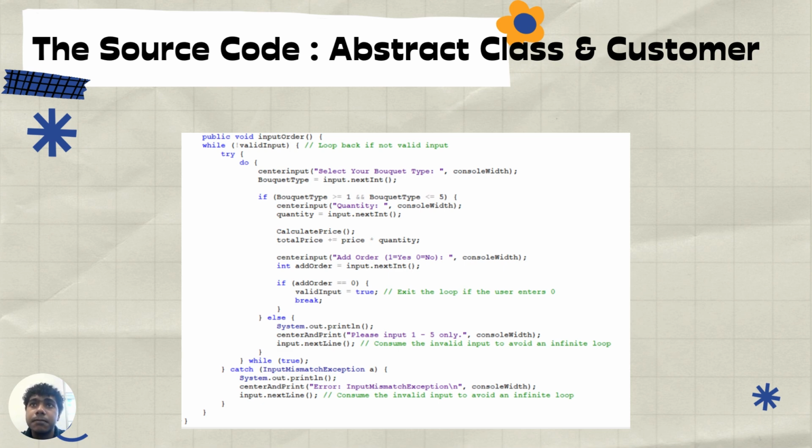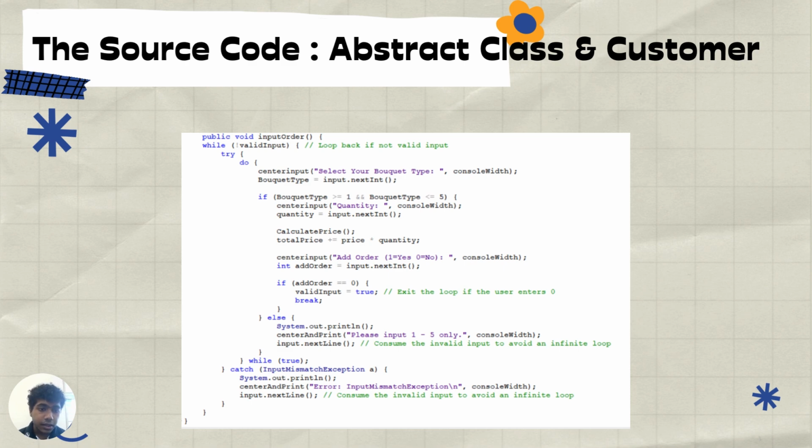In the try block, it will detect errors from the do while loop. Inside the do while loop, the system will ask which bouquet the customer chooses. There's also an if else statement that gets the type of bouquet that the customer chooses and handles the error if the customer chooses a non-existent bouquet of flowers.